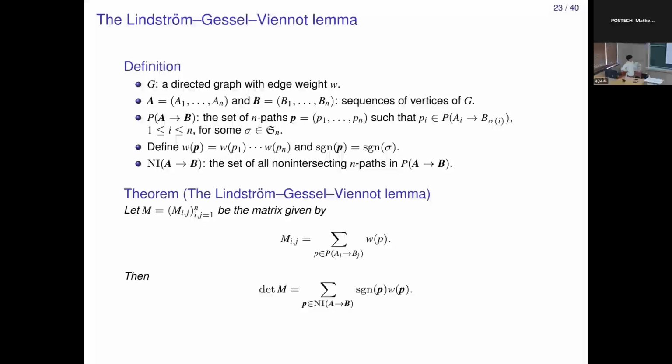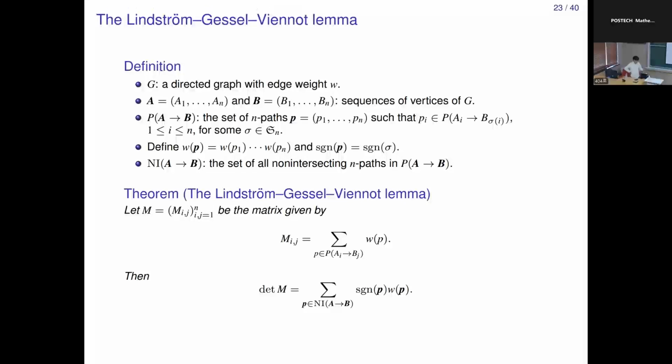Suppose that we have a matrix whose entry M_ij is the generating function for all paths from A_i to B_j. Okay, and then the determinant is equal to the generating function for all non-intersecting paths from A to B with this sign.